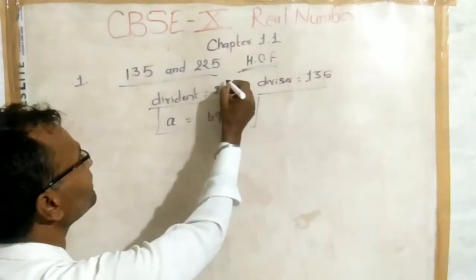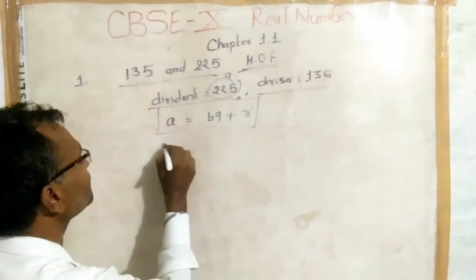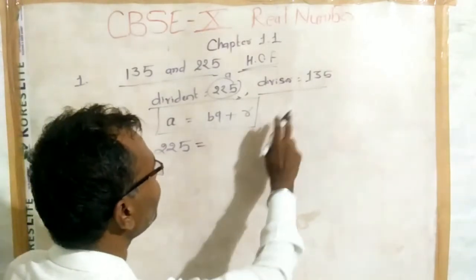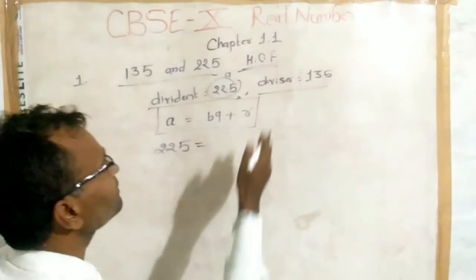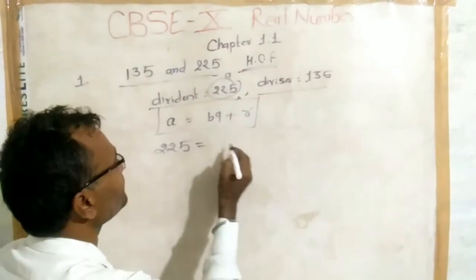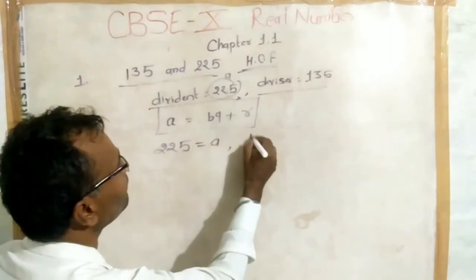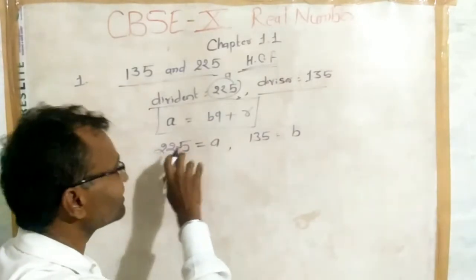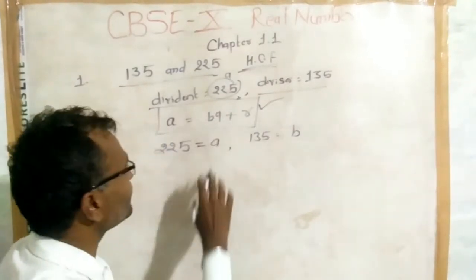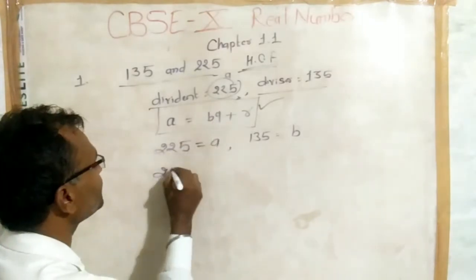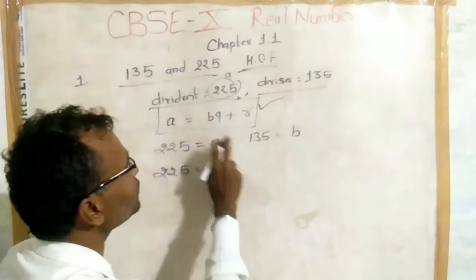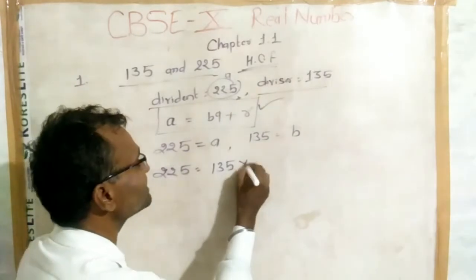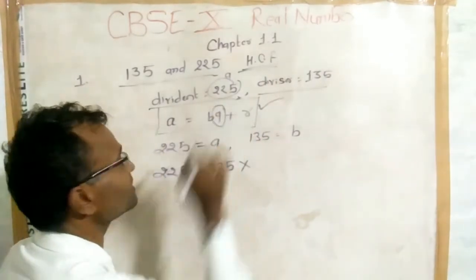Now we have 225, so a equals 225. Let the divisor be b, so b equals 135. We will put 225 equals 135 times q, where q is the quotient.